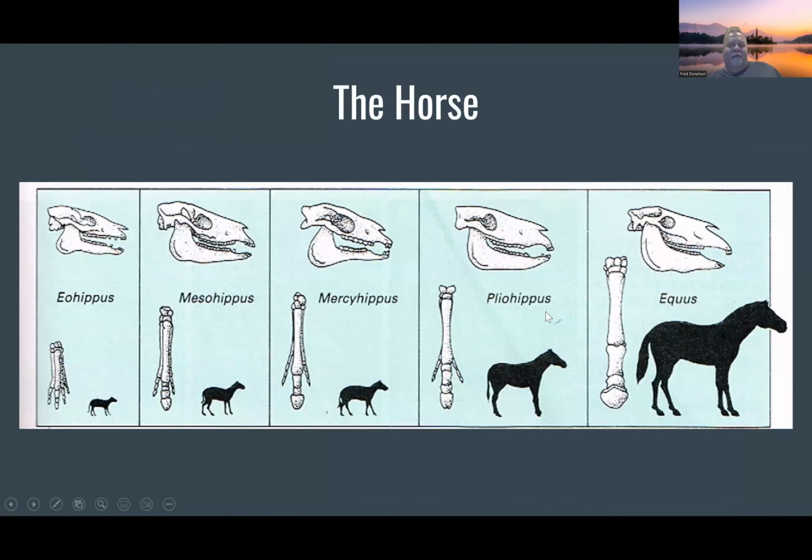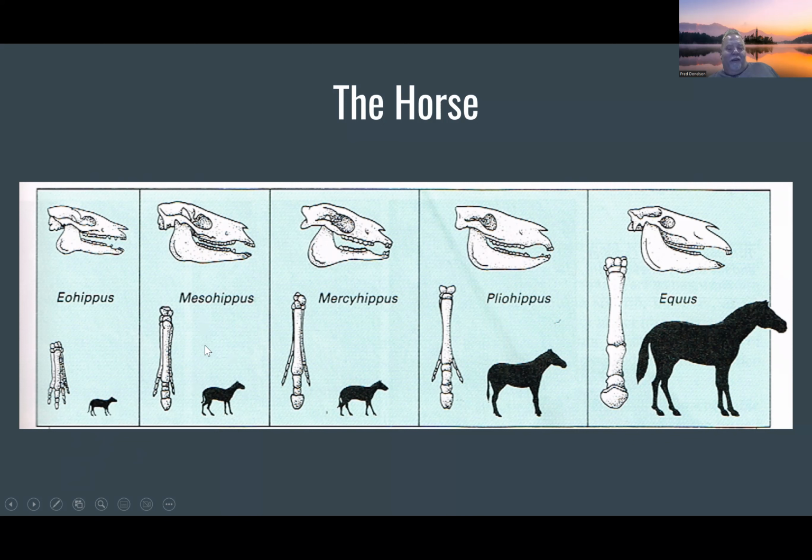Here's an example that evolutionists often use. It's the horse. They believe that today's horse, Equus, evolved from a little critter called Eohippus. Eohippus was a four-toed critter. It was a small thing, about the size of a rabbit or maybe a fox. And as best we can tell, it probably escaped predators by jumping into thickets, like briars, and getting away from critters that were trying to follow it.